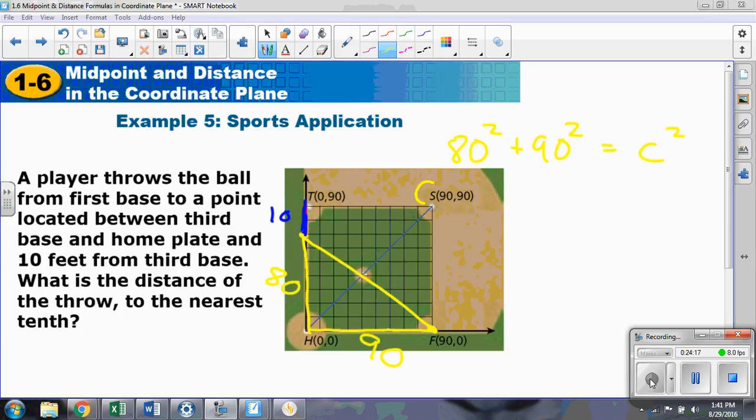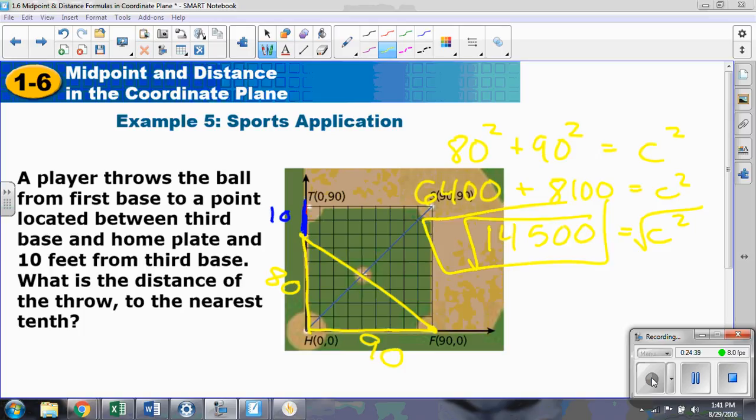So we use 6,400 and 8,100. When those two things add together, we get 14,500. And then we take a square root. That is our answer. The length is the square root of 14,500.